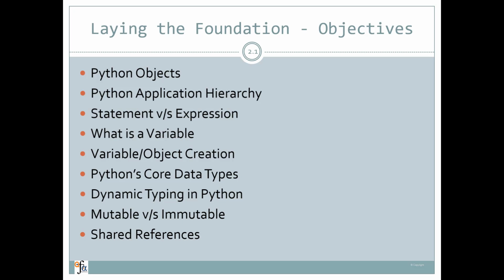Then we will understand dynamic typing in Python, and this is a very interesting aspect of Python, which makes it unique from many other high-level programming languages. After this, we will cover the difference between mutable and immutable objects, and finally understand the shared reference concept in Python. We have a lot of ground to cover, so let's get started.